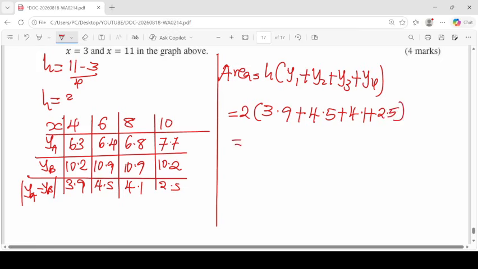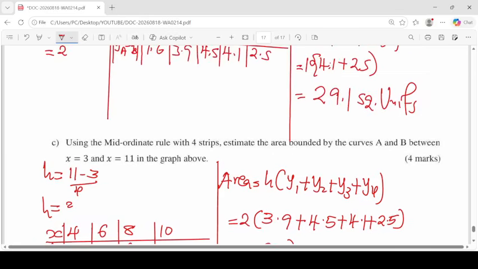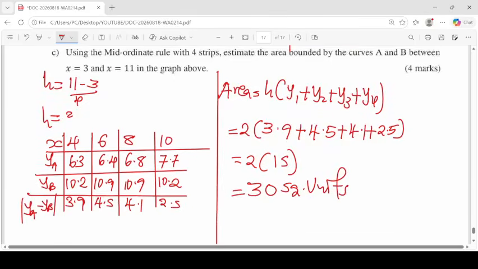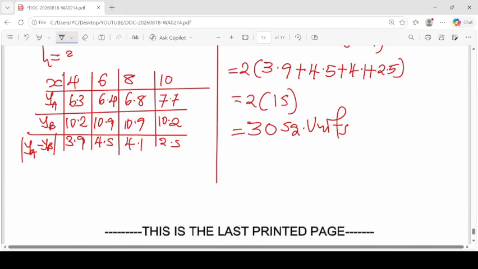Let us add this: 3.9 plus 4.5 plus 4.1 plus 2.5 is 15. When you multiply 15 by 2, this is 30 square units. So the area using the mid-ordinate rule is 30 square units. That is how you should have done this particular paper and gotten all your solutions correct.